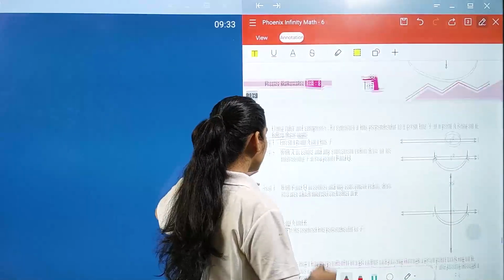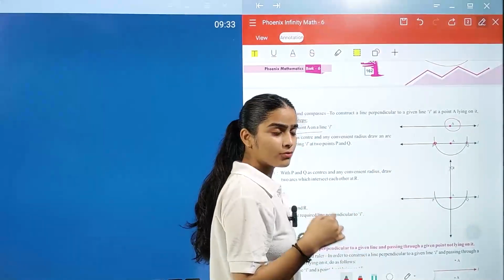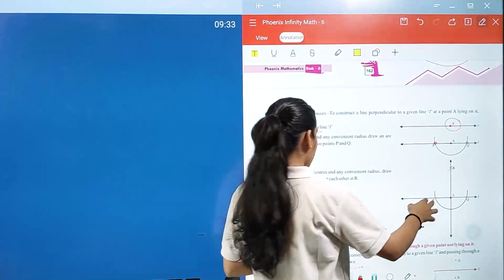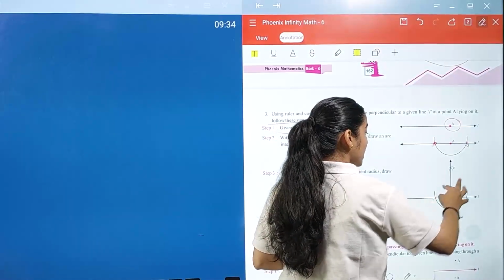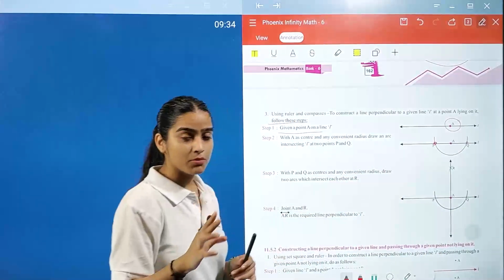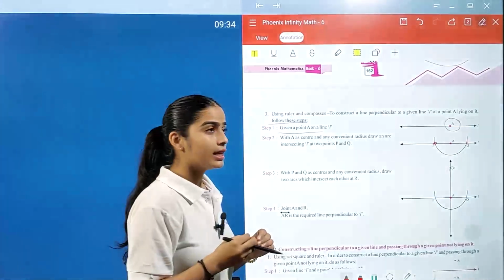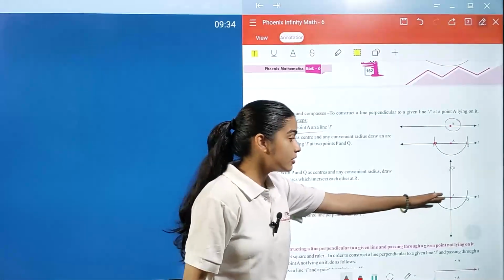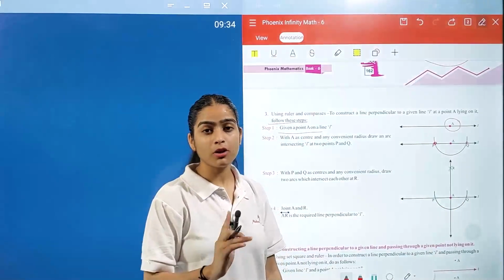Now, with P and Q as centers and any convenient radius, it's totally up to you, take any random measurement and mark arcs. First take P and make sure that the measurement for P and Q remains the same. For example, if you take 5 centimeter for P, the measurement for Q should also be 5 centimeter. You cannot change your radius.